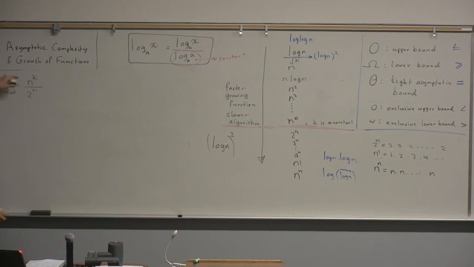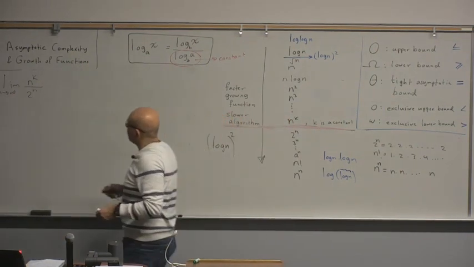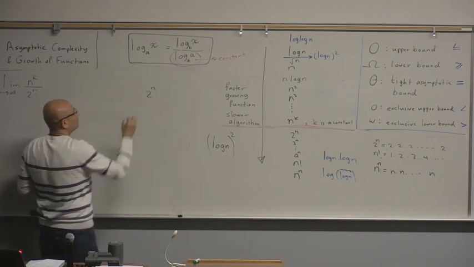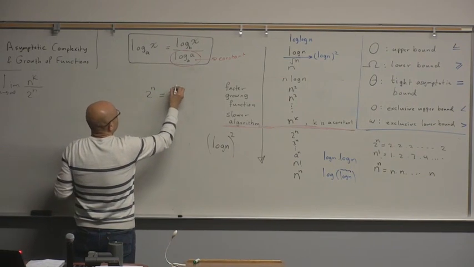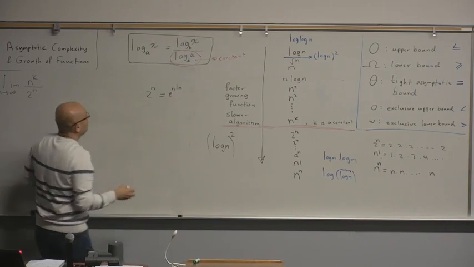And why is that? In order to calculate this, since this is a polynomial, we can apply L'Hopital's rule. We know how to derive a polynomial, but in order to derive 2 power n, we'll have to convert it again into an exponential with a natural base. So 2 power n is equal to e power n ln 2.